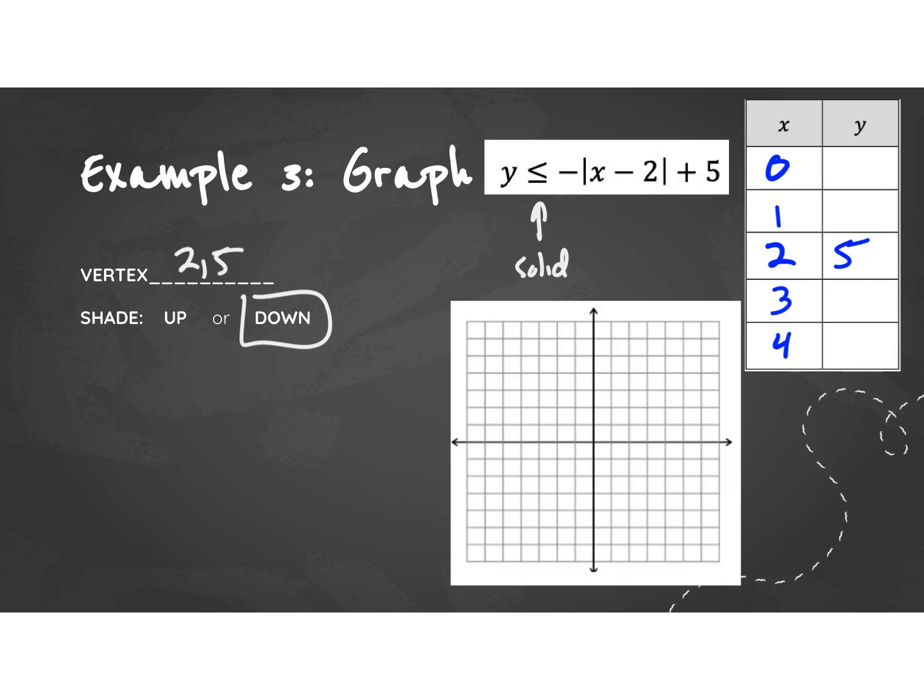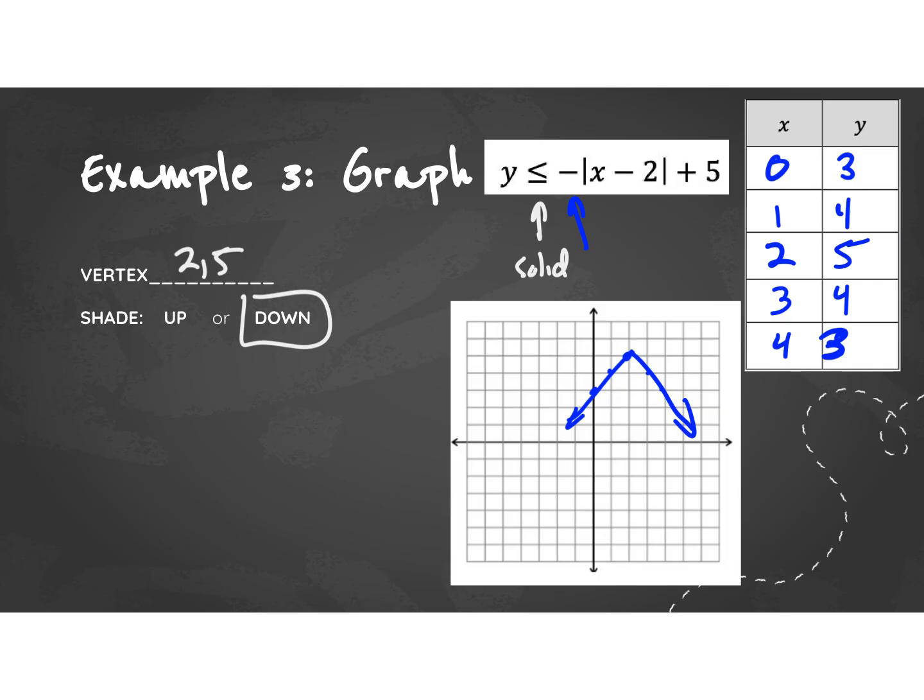So when I do that, I substitute in 0. I get a positive 3. 1 gets a 4. 3 gets a 4. 4 gets a 3. So at 2, 5, 1, 4, 0, 3. Solid line. I open down because of that.